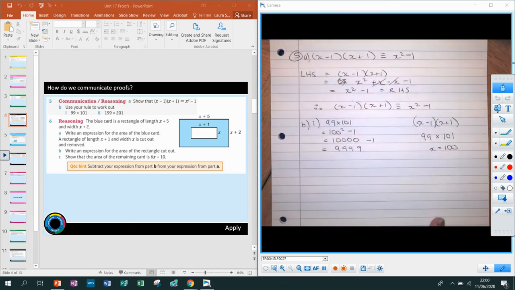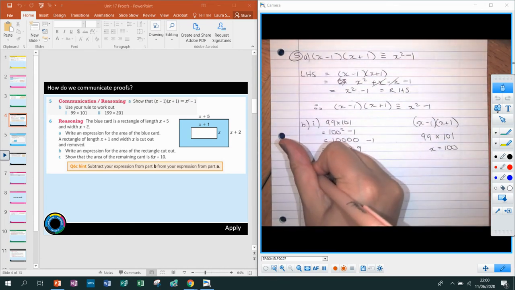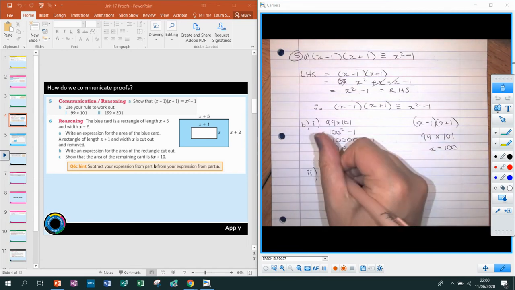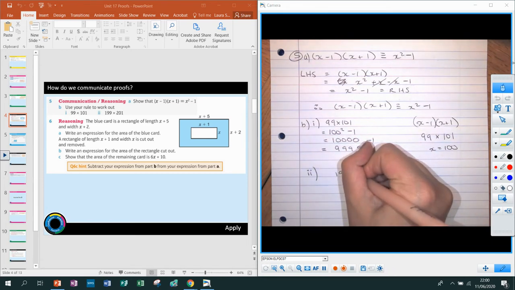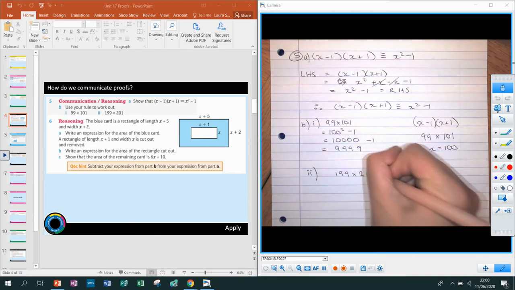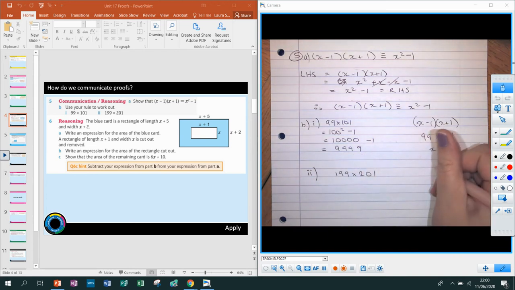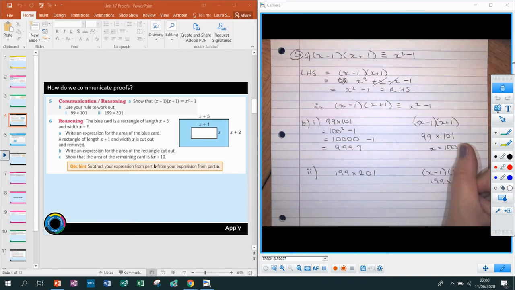Part 2 says to use it to work out 199 times 201. In this case, again, we're looking at this relationship, and we know that our numbers are 199 times 201, so the x must be equal to 200.